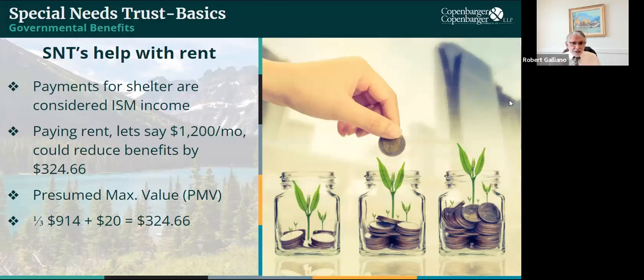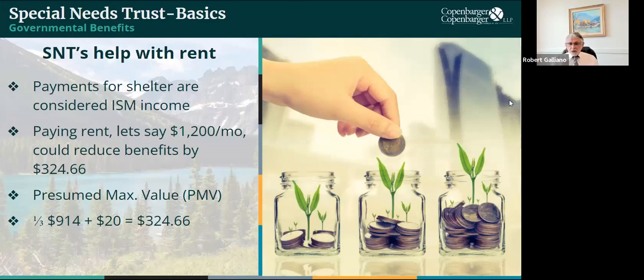But the rent for that facility costs $1,200 a month. Or maybe it costs $2,000 a month. Maybe it costs $6,000 a month. How in the world does the beneficiary who only has an income of $800 a month pay for that type of lodging? It cannot. And remember, the big no-no is that SSI pays for food and lodging, right?